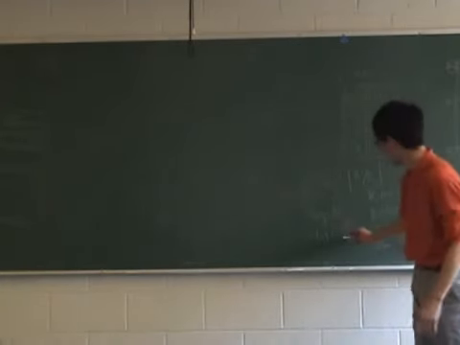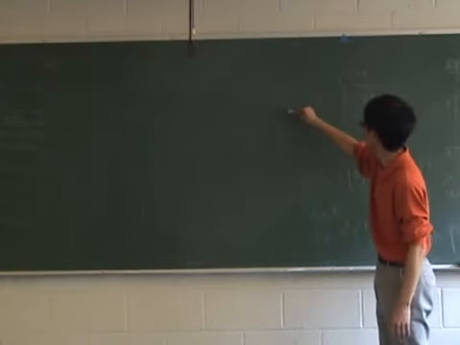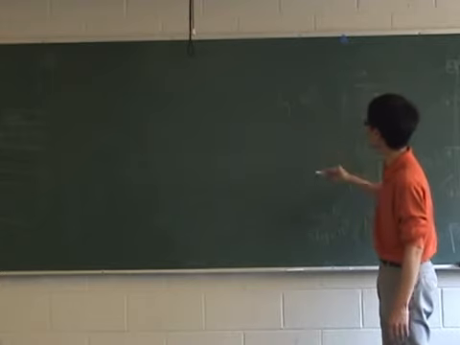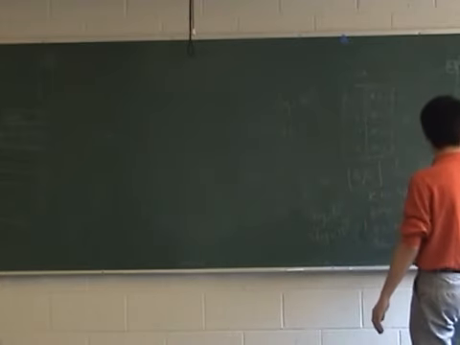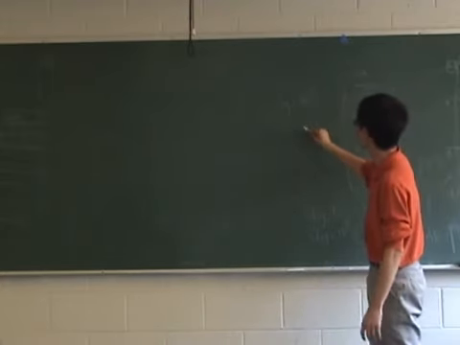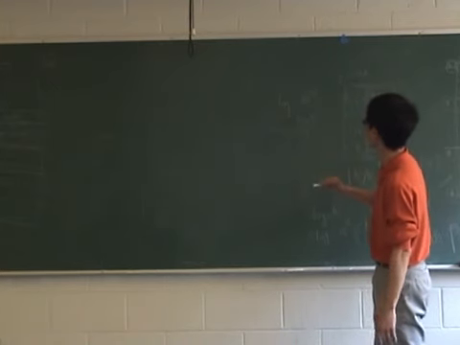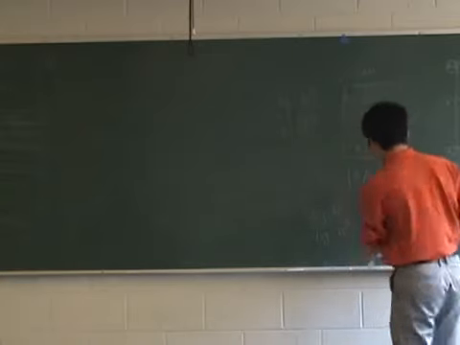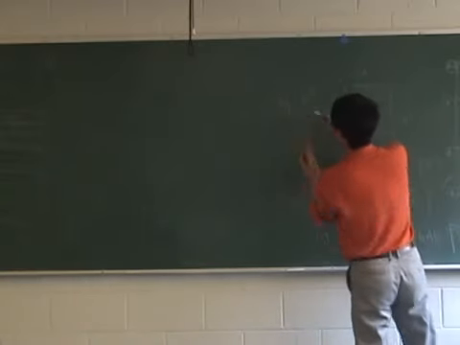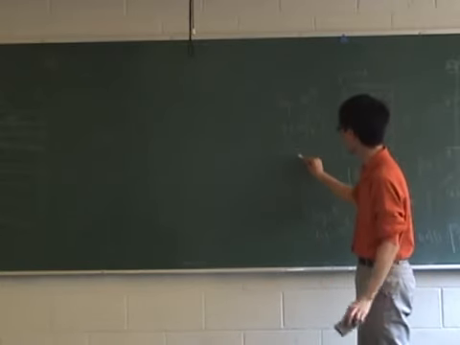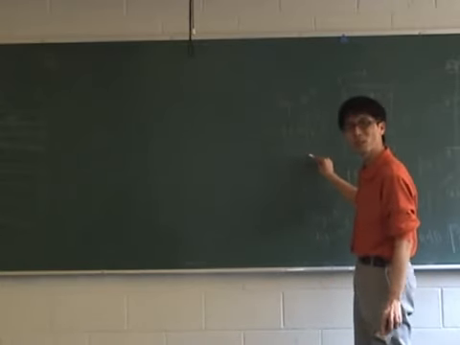Does anyone have a calculator? So this is log 2, and this is 10 to the 4th. Log 10 of 10K is 4, right? So this is 4. What is log 2? Point 3 something?